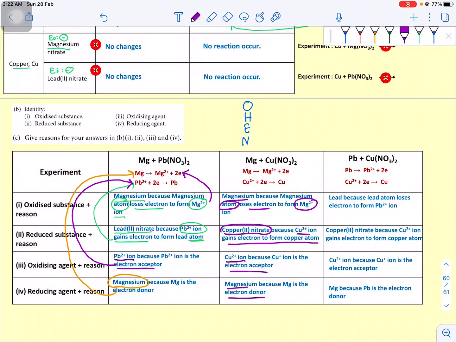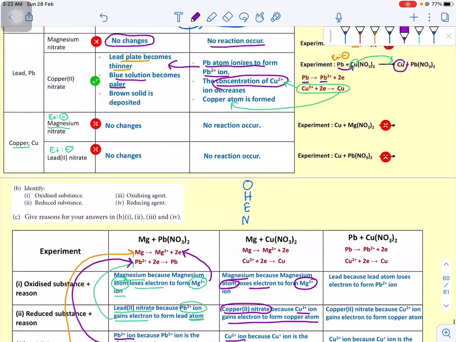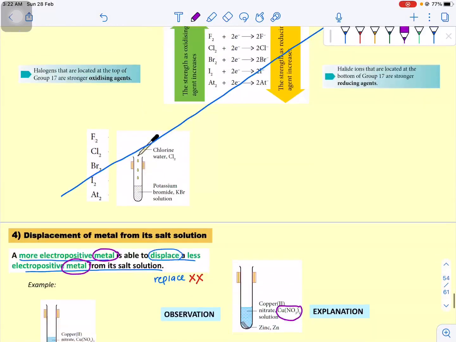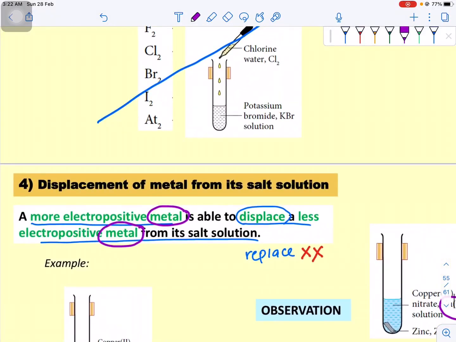Okay. So, what is important in displacement of metal? We have to know displacement of metal will occur when more electropositive metal. Apa dia boleh buat? Dia akan displace less electropositive metal from its salt solution. So, siapakah more electropositive metal? Dia adalah metal yang dengan E naught dia bernilai negatif.